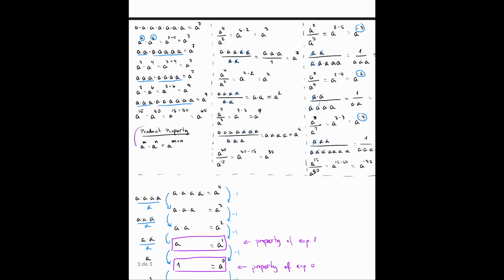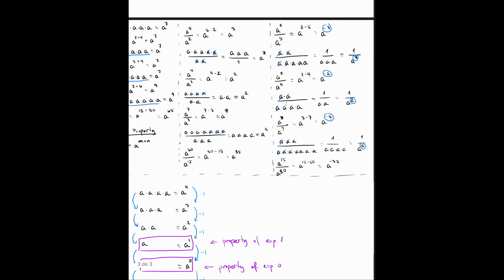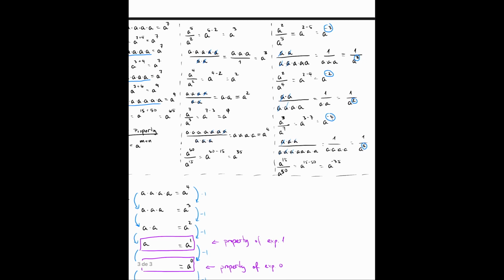At the beginning, we also discovered the product property. And now that we actually know that our pattern here is valid even when it gives us negative exponents, we can now write the quotient property. Quotient means division, just like product means multiplication.